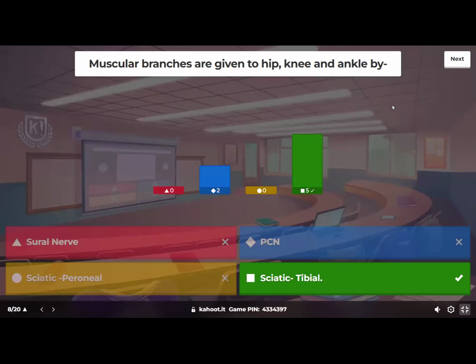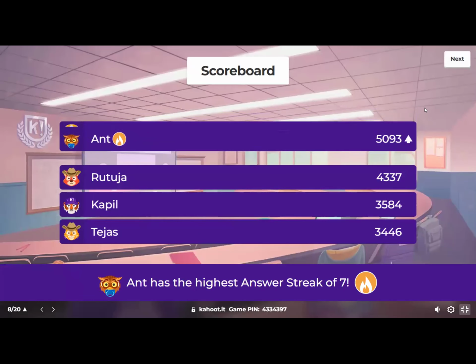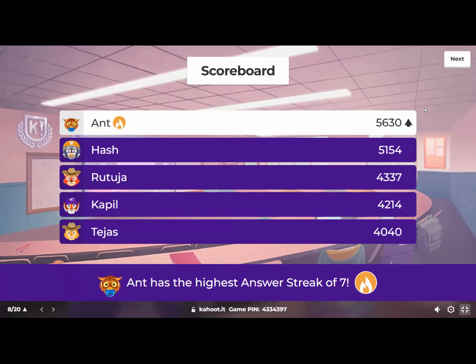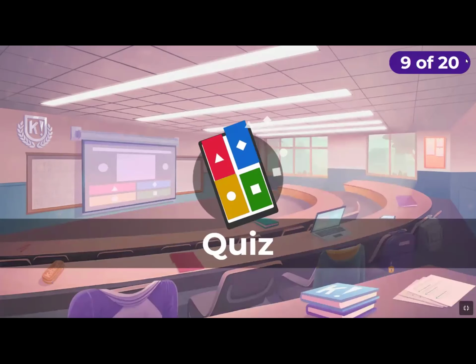Even though the tibial nerve doesn't provide any direct articular or muscular branch to the hip, the extension muscles are supplied by the tibial nerve, which helps to extend the leg at the hip joint. So Ant is leading again.